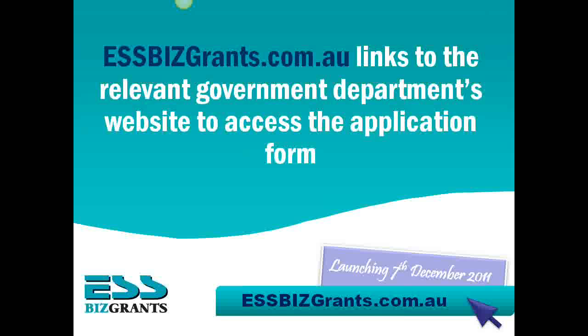Because we are trying to make sure that ESS BizGrants includes the details on virtually all grants within the Australian system, government grants, both state and federal, that apply to small medium enterprises.